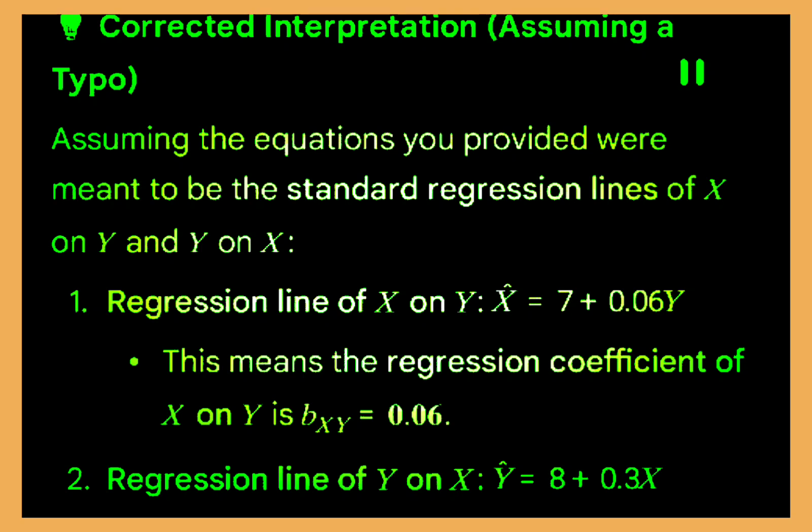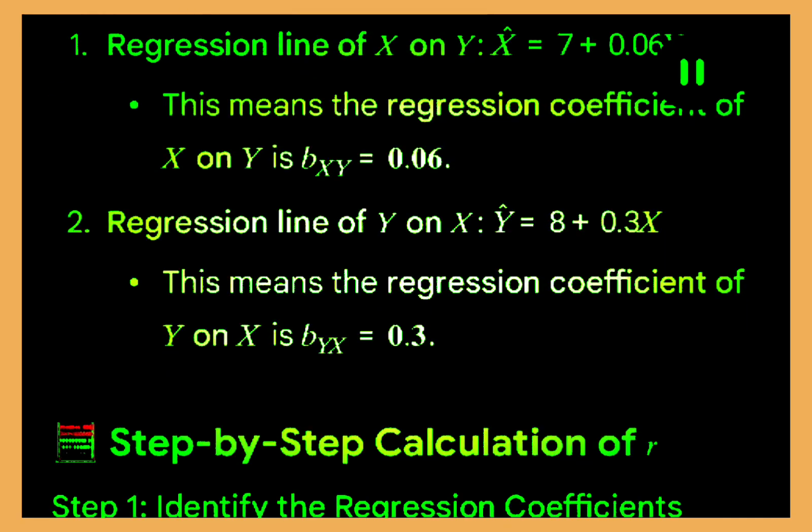This means the regression coefficient of x on y is b_xy equals 0.06. 2. Regression line of y on x: y-hat equals 8 plus 0.3x. This means the regression coefficient of y on x is b_yx equals 0.3.